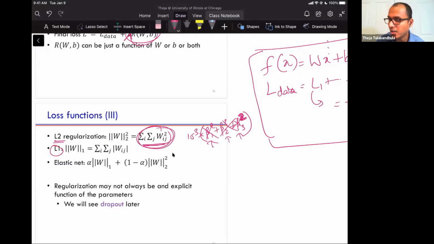L1 regularization just means the sum of the absolute values of the entries of the matrix. And if you have heard of what is called elastic net, think of alpha as, let's say, 0.5. It's 50% use of the L1 regularization plus 0.5 times the L2 regularization.